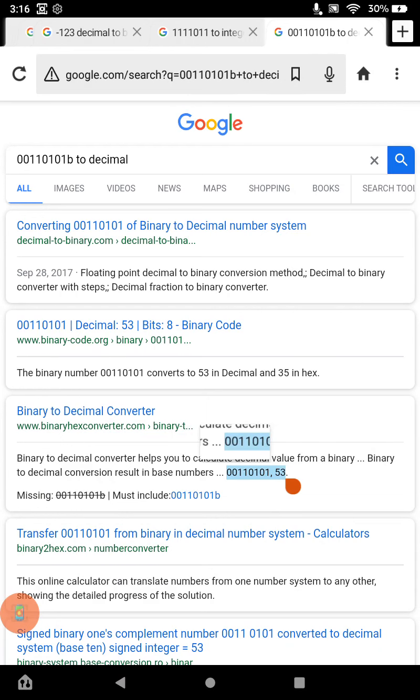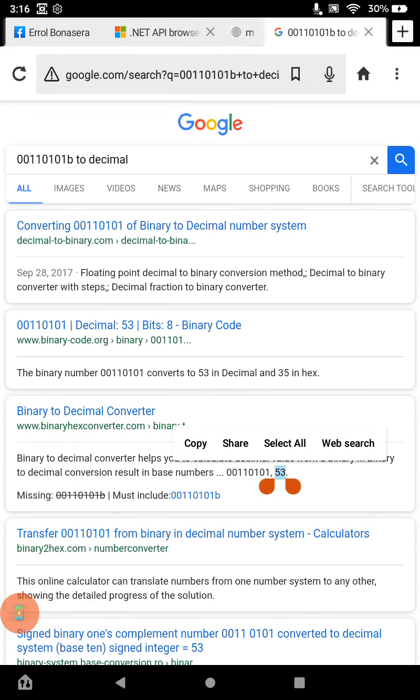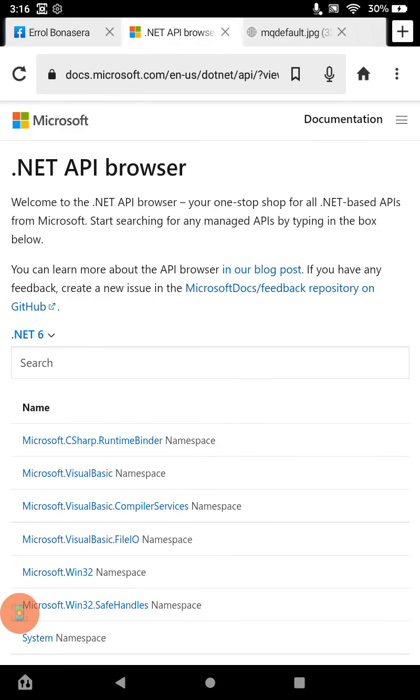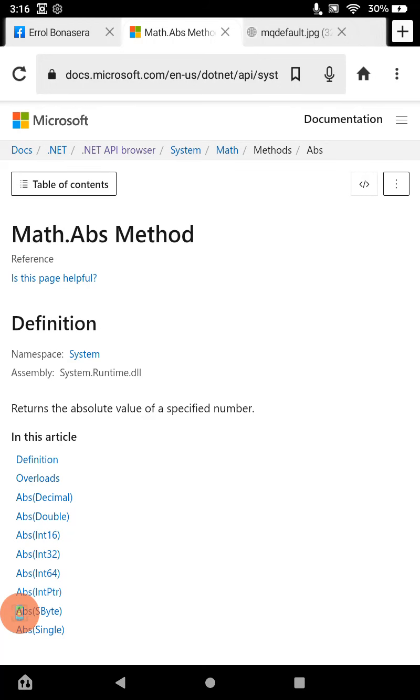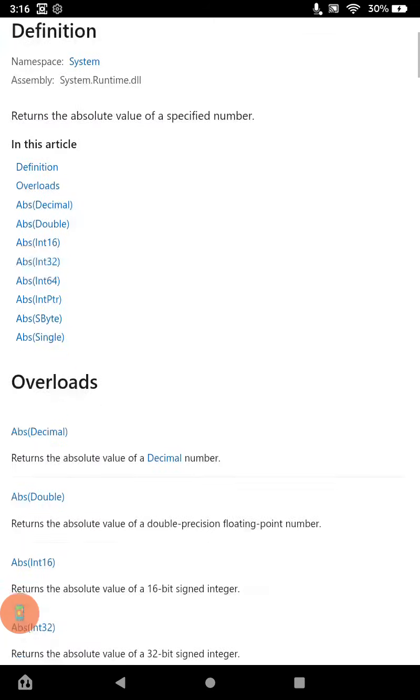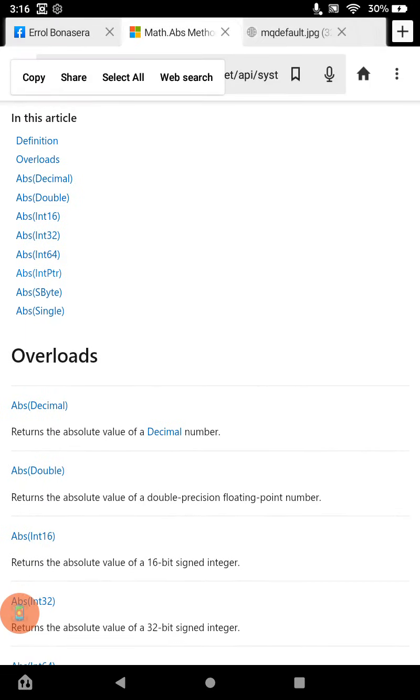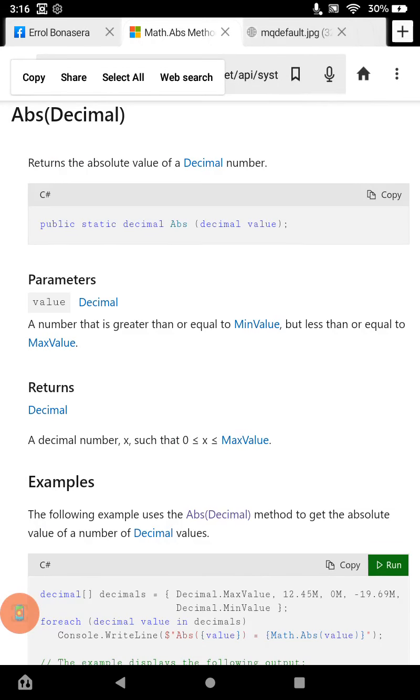Now, the math.abs function would take, if negative 53 was inserted into this function here, math.abs, as an absolute decimal value.